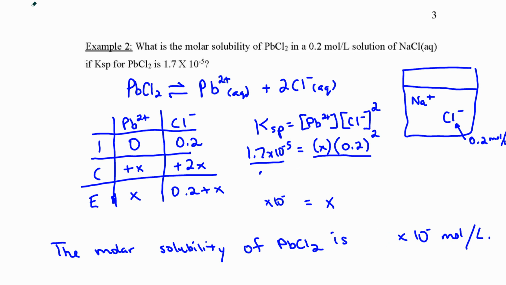Okay, so instead of dividing by 0.2, it's actually dividing by 0.2 squared. 0.2 squared is 0.04. So I should have divided both sides by 0.04. So that would actually calculate out to 4.25 times 10 to the negative 4. Okay, sorry, you'll have to go back and correct that little mistake. Okay, so that should all be good now.